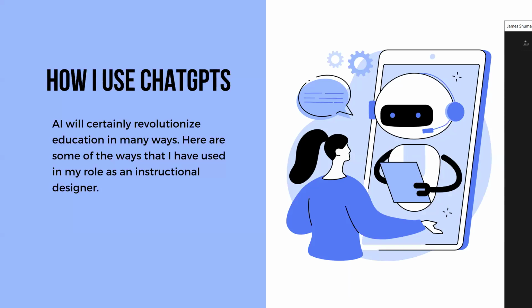Okay, so let's transition a little bit from what we talked about. We talked about a lot of concepts. We went from AI and then went all the way down to ChatGPT, something that you probably have used. I think that AI will revolutionize education, not just education, but will revolutionize society in general.